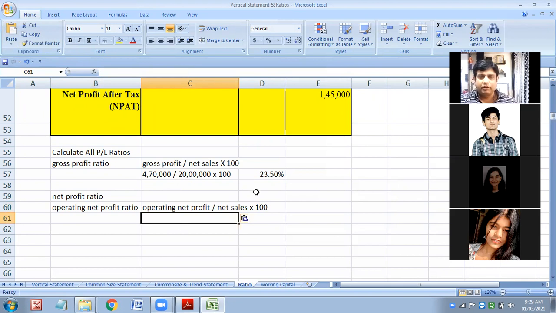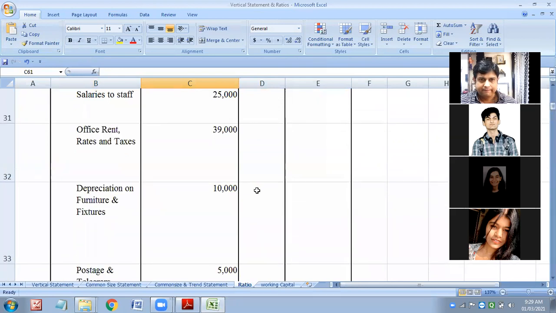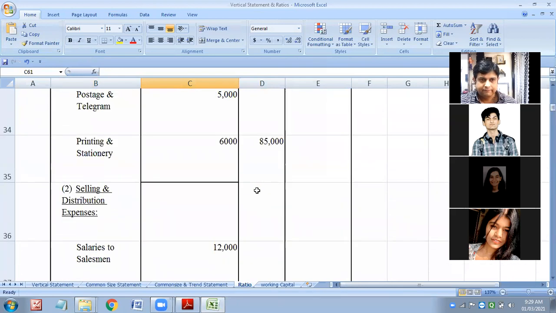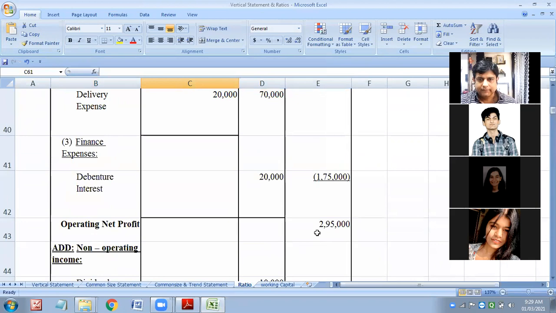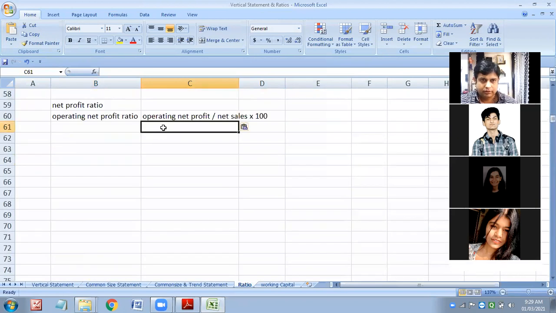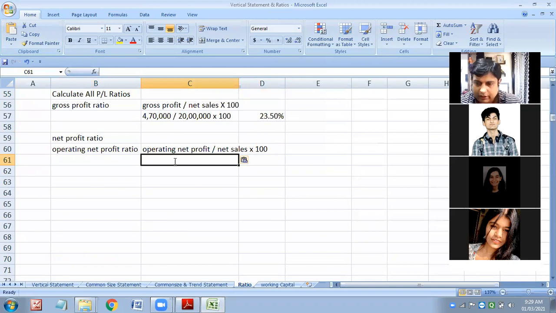So what was the value of operating net profit over here? 2,95,000. I'll write 2,95,000 over net sales 20 lakhs into 100.